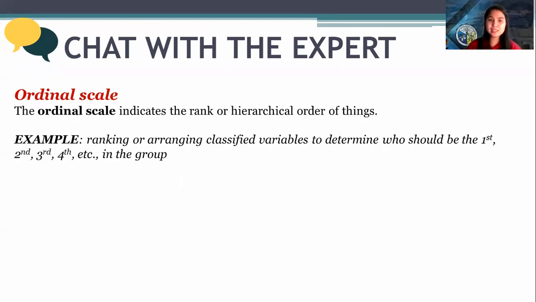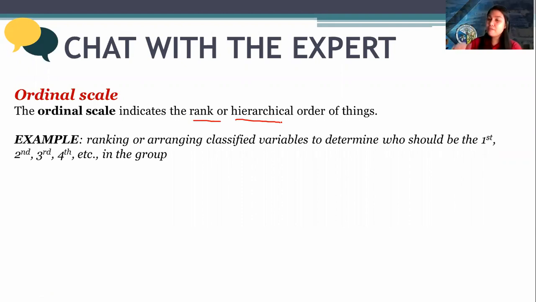The next one is the ordinal scale. In the ordinal scale, it can be numerical or non-numerical, as long as there is an order or a hierarchical order of things, the rank. Example, small, medium, large. Non-numeric, but there is an order.